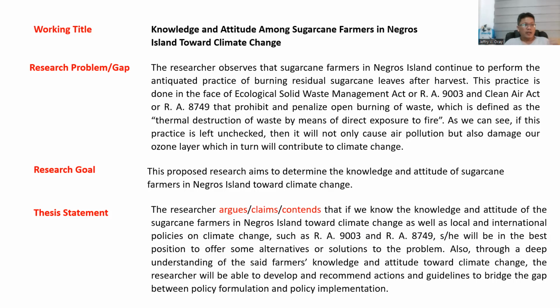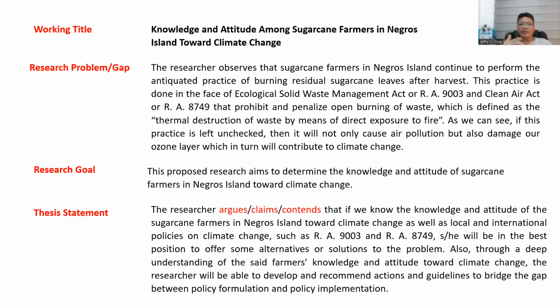They are workers. They're paid on a daily basis by the hacienderos, by the owners, by the planters. And so, even if the farmers know about the policy, they continue to burn sugarcane leaves after harvest because that was the instruction of the owners.